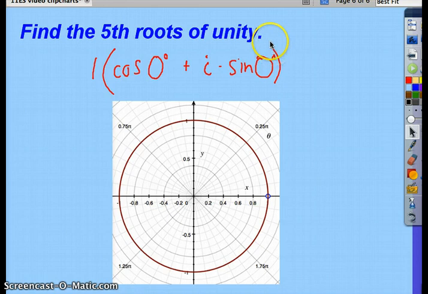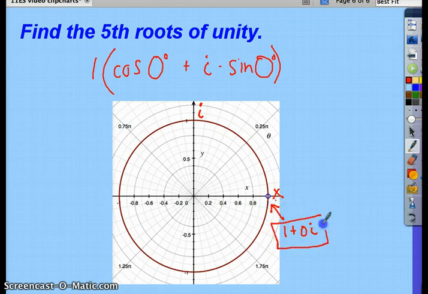So when we're thinking about unity, we should be thinking about the number 1. All right? Or 1 plus 0i. Okay? So let's think about what this means if I was going to convert this to polar.